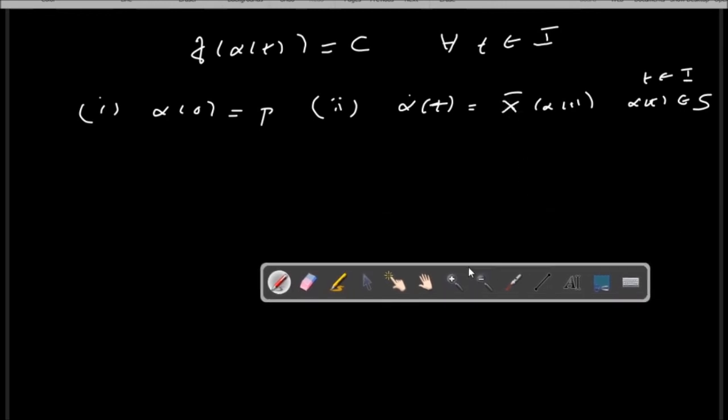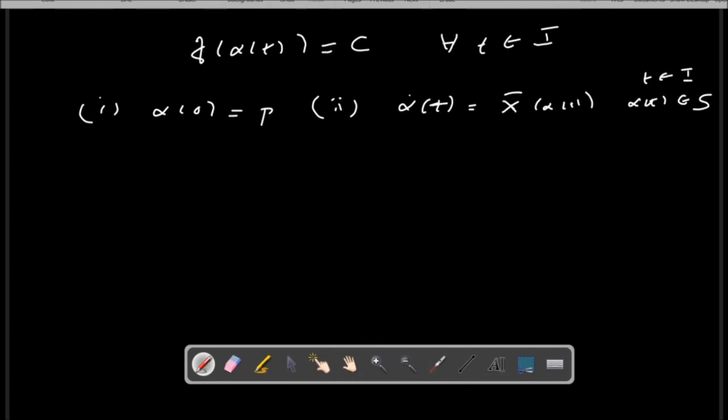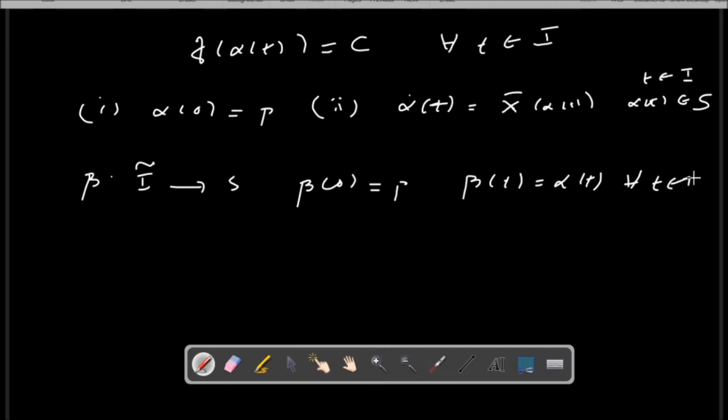Now the third part: it is proved directly from the theorem. By the theorem, if any beta comes from I tilde to S such that beta of 0 equal to p, then beta of t must be equal to alpha of t for all t element of I tilde. This is true for all t element of I tilde, and hence whatever beta you take, you will get beta of t equal to alpha of t on the corresponding domain.